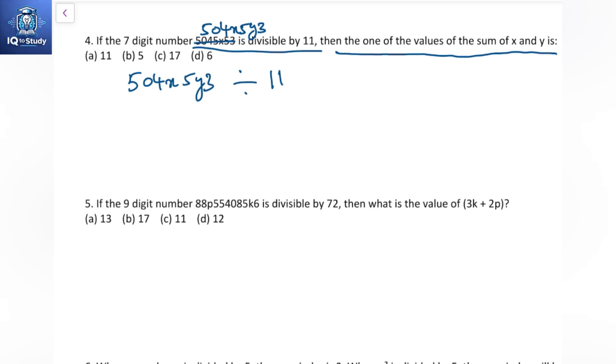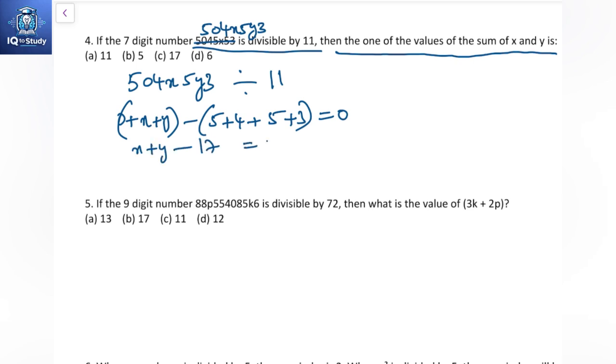The sum of even places is 0 plus x plus y, and the sum of odd places is 5 plus 4 plus 5 plus 3, which is equal to 17. So x plus y minus 17 is equal to 0, and x plus y is equal to 17. So the sum of x and y is 17. Option C is correct.